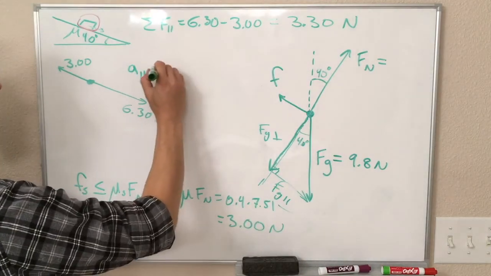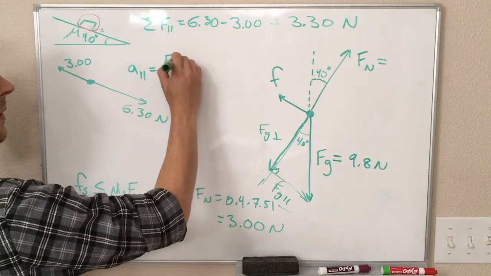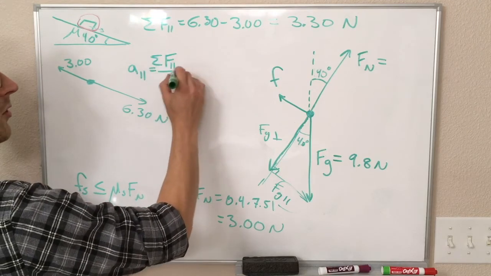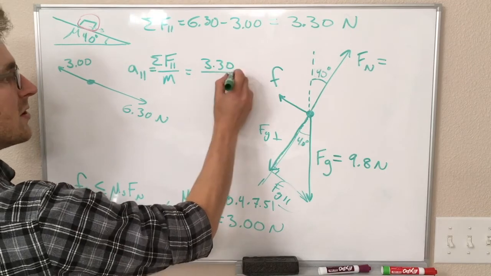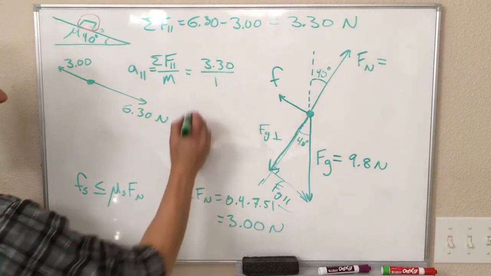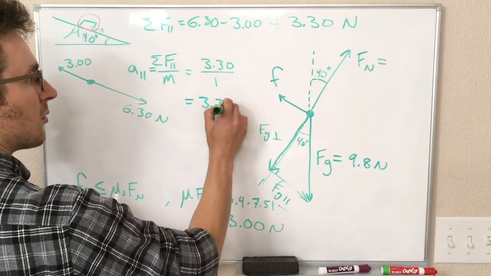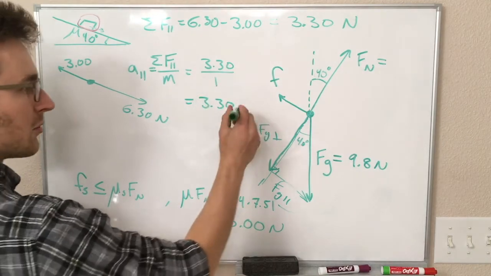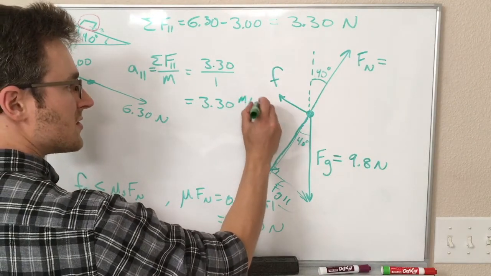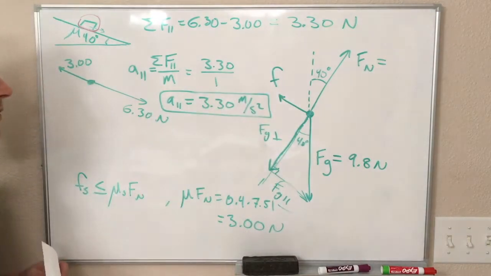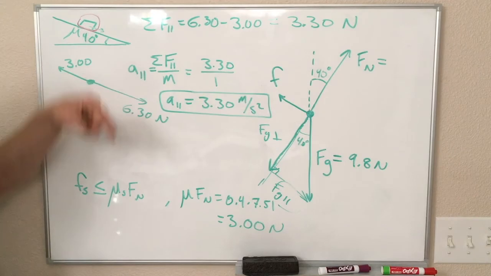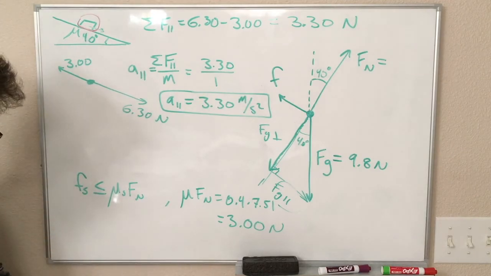Our acceleration is equal to our F over our mass. So that is our 3.30 over our mass, which is 1 kilogram. So our acceleration is equal to 3.30 divided by 1, which equals 3.30 meters per second squared. So our block will slide down the ramp at a rate of 3.3 meters per second squared.